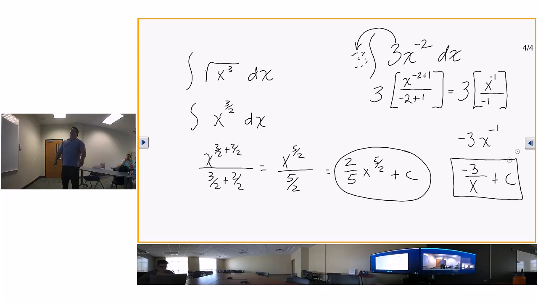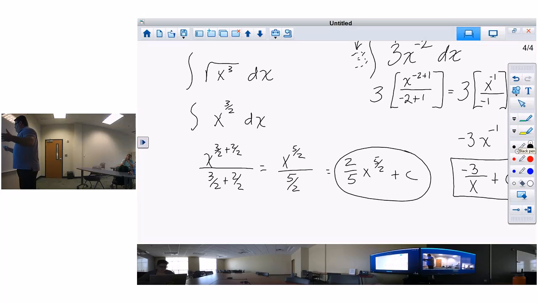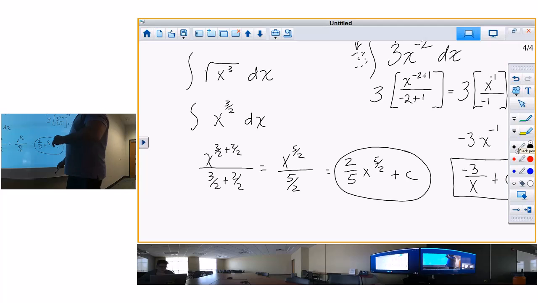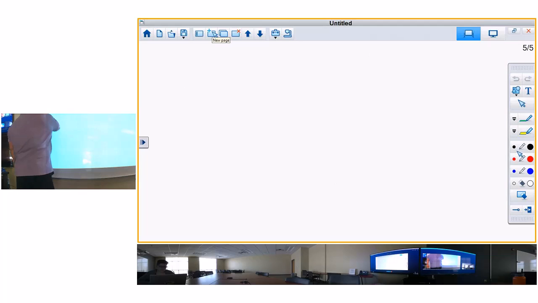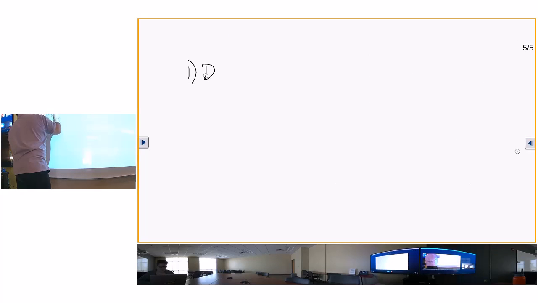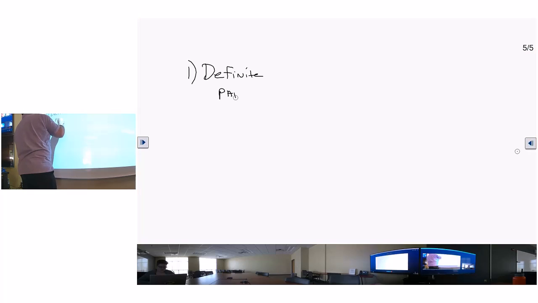So basically, what did you learn today? From 5.1, you learned 4 things. 1, you learned that a definite integral has parameters, and it will give you what? The area under a curve.